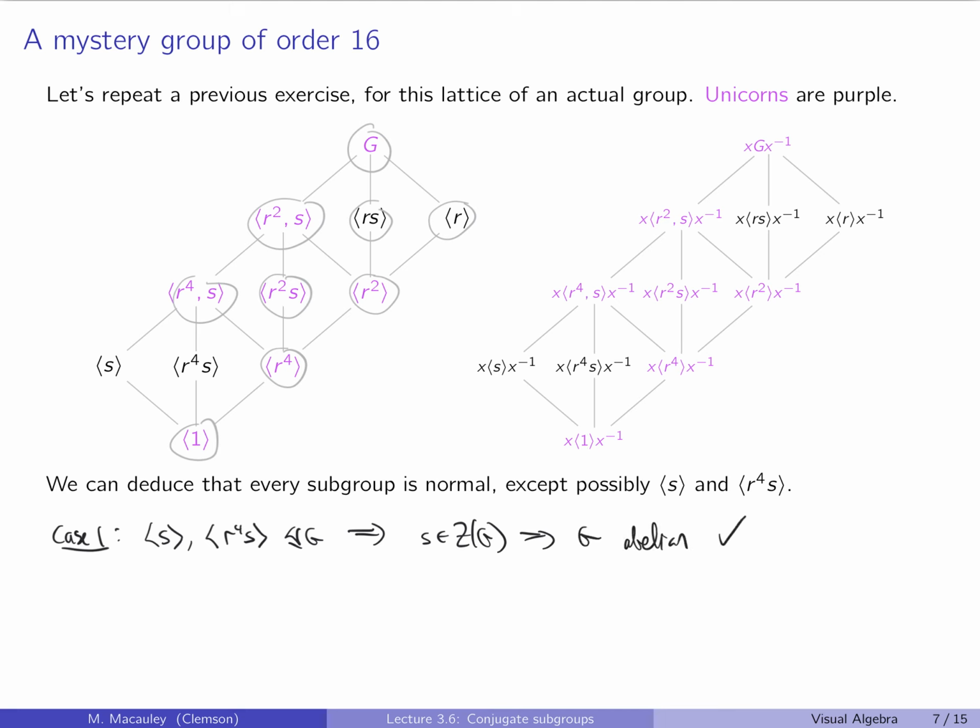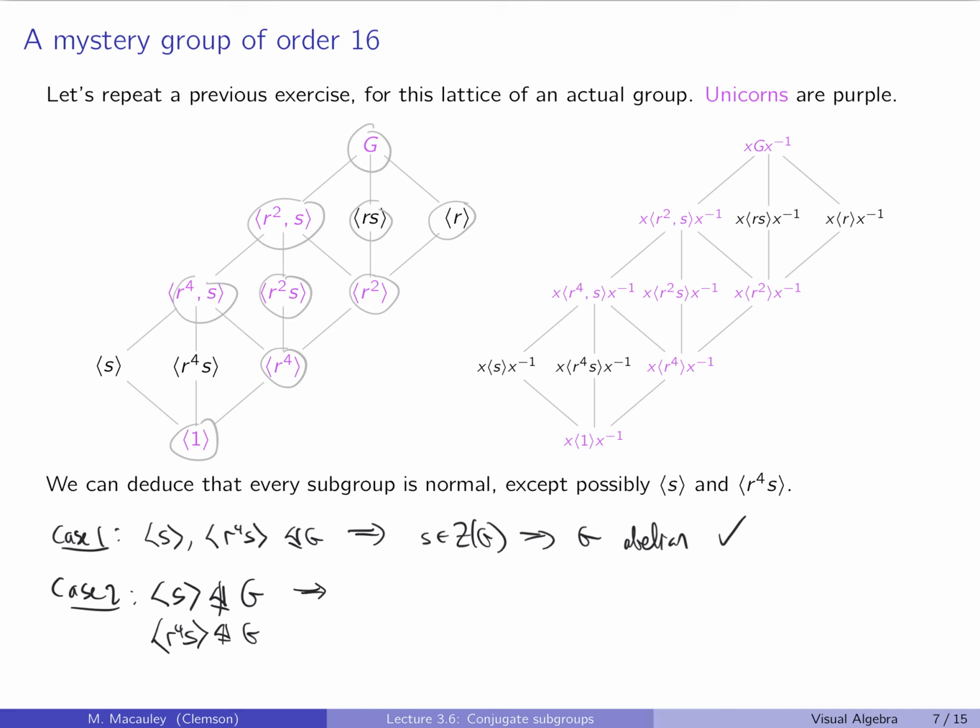So I'm not saying that this is even possible, but if this is normal, then this group has to be abelian. Of course, case 2 is that this subgroup is not normal in G, and therefore the other one cannot be normal either. Why is that?